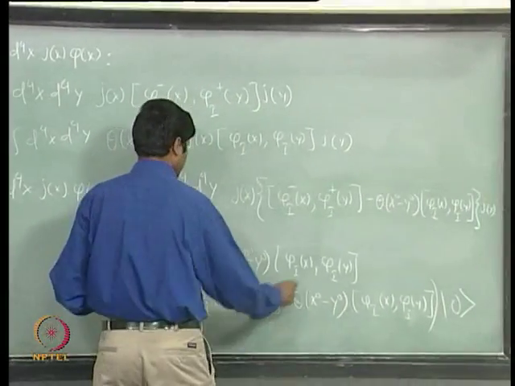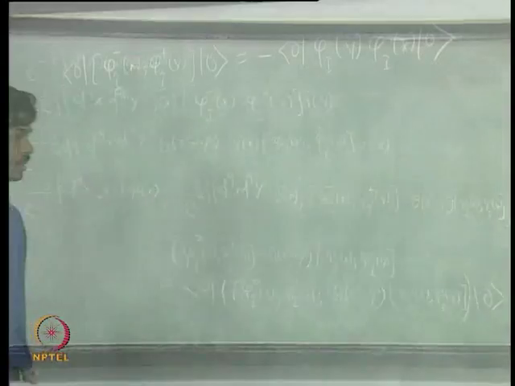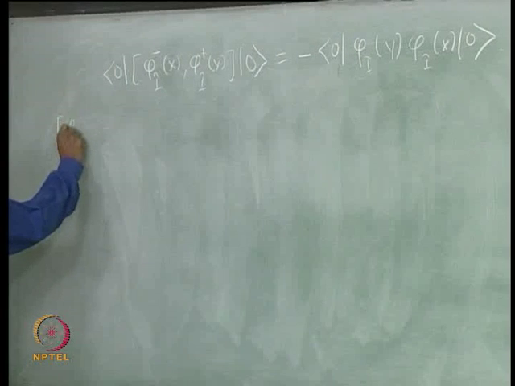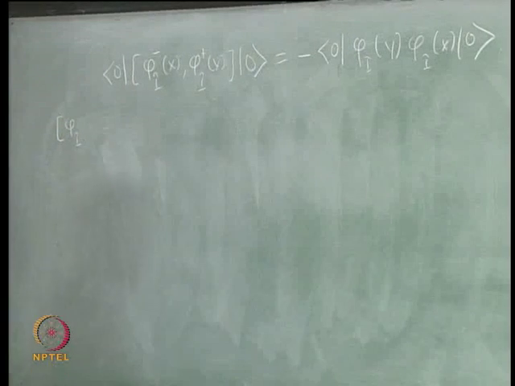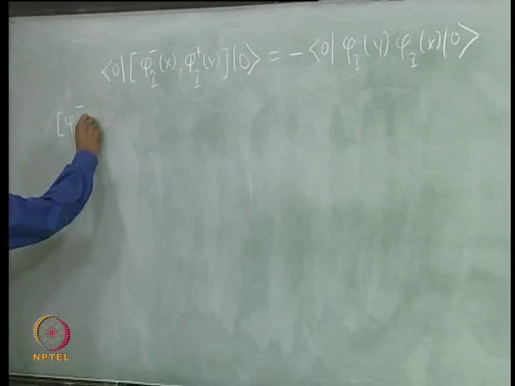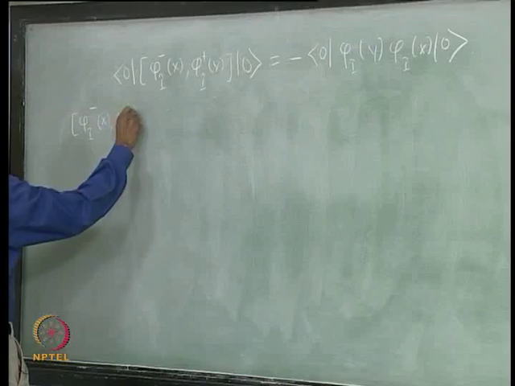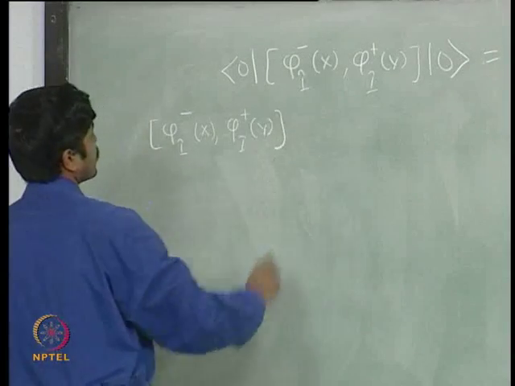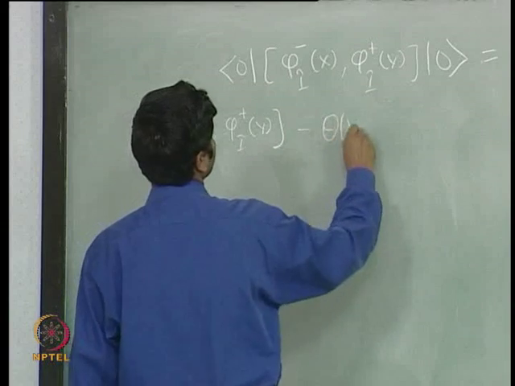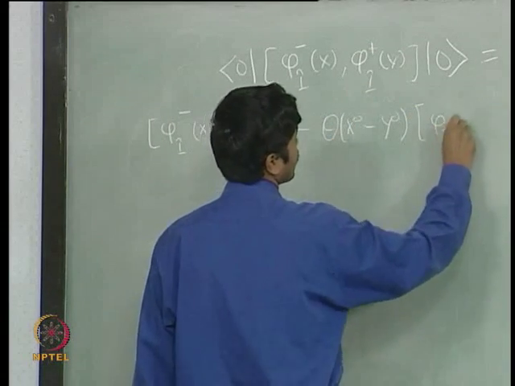I can consider the entire thing here, that will give me phi I minus of x phi I plus y minus theta of x 0 minus y 0 phi I x.